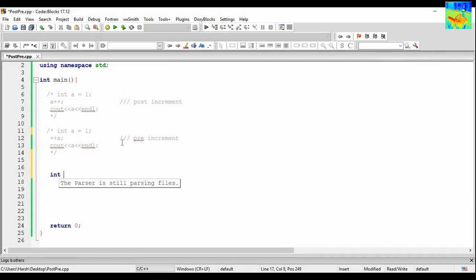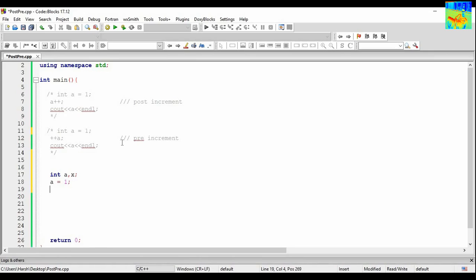So I am taking two variables a and x. So suppose the value of a is 1. Now I am writing x equals a plus plus. And now we will print the value of x and a.